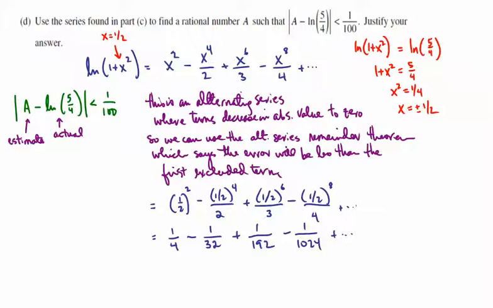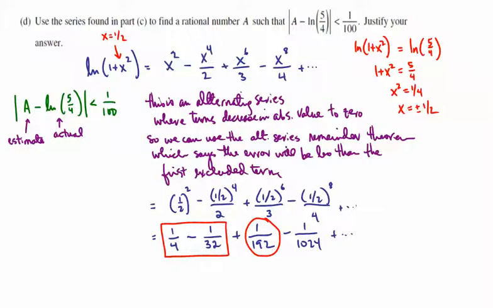Well, since the error is made up of the first excluded term, we're just looking for the first term that is less than 1/100th. And that happens to be the third term here. So what that means is then we just need to use the first two terms, and that's going to be our value for a.